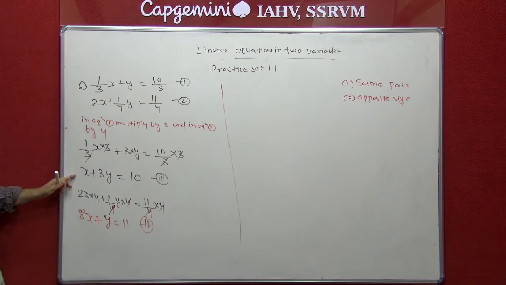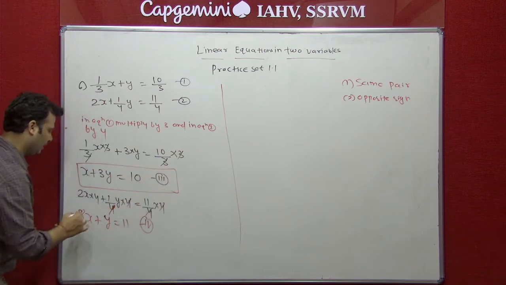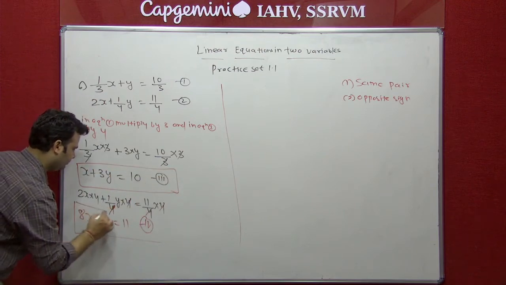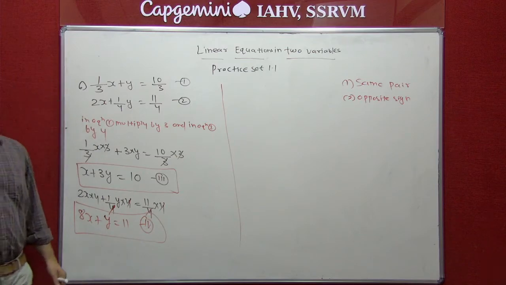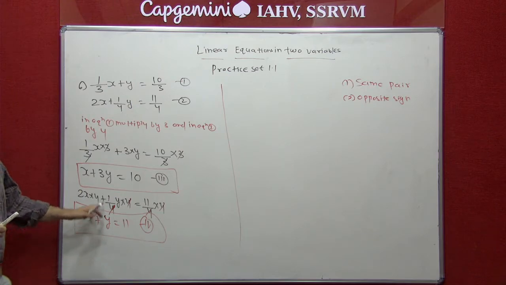Now equation 3 and equation number 4 have become normal, ax plus by plus c. So student, in this part we have y and here 3y, x and here 8x. So we can do one thing.